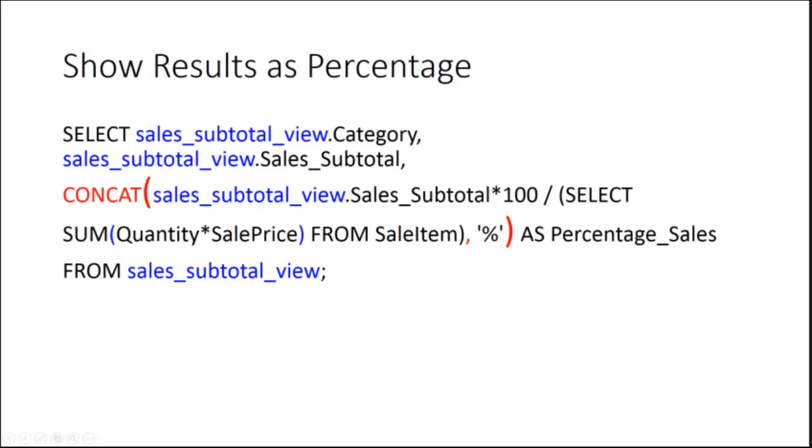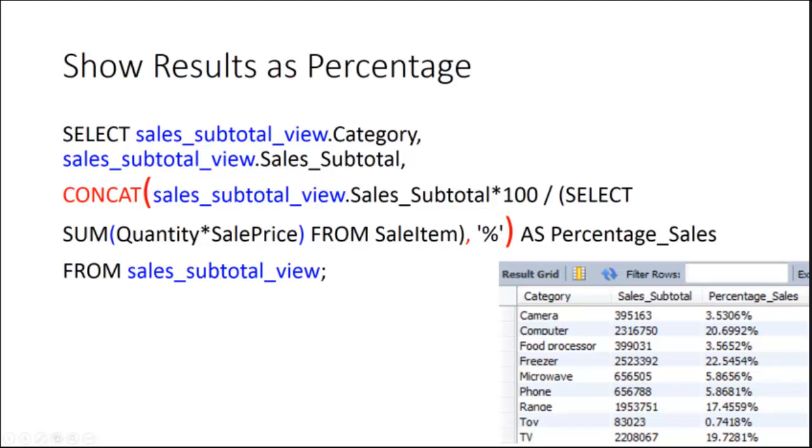Well, the first part of the calculation, sales subtotal, retrieve that, multiply by 100, because we're going to show them as percentage. Multiply by 100 divided by the same subquery we had before, and then put a comma down. That means we finished the first argument, the first piece of concatenation here. The second part, percentage sign, and then use AS, put a name down, percentage sales from the view.